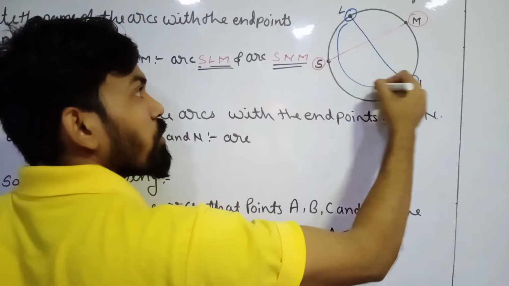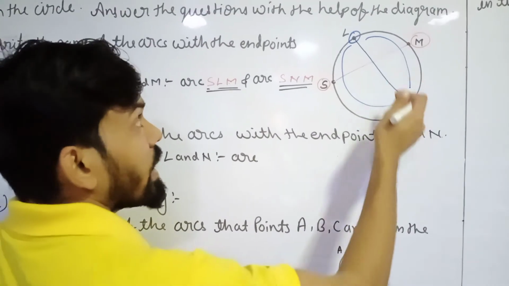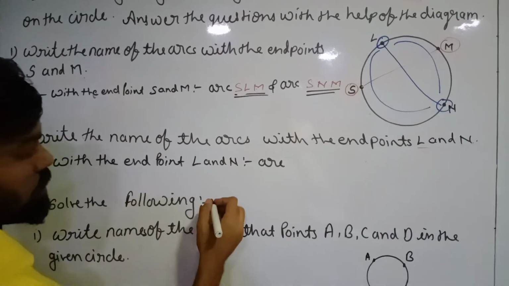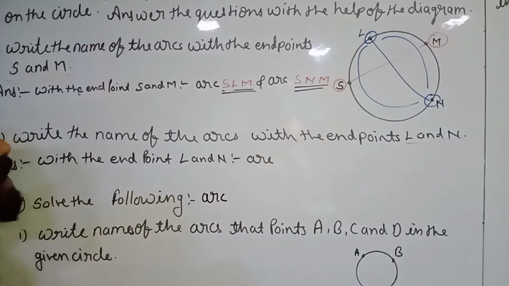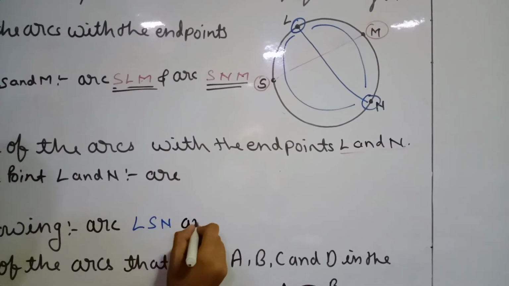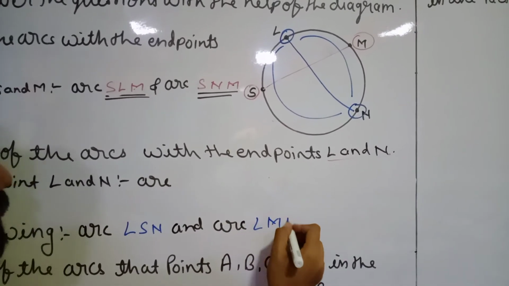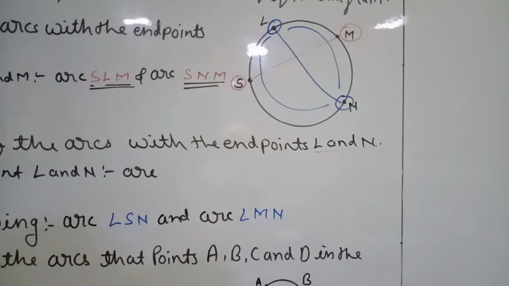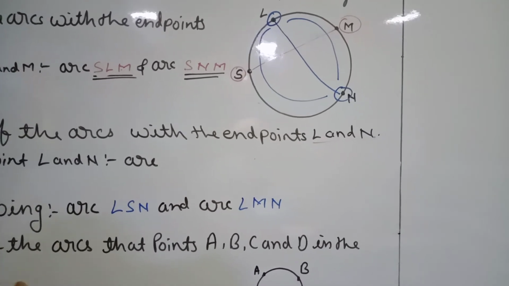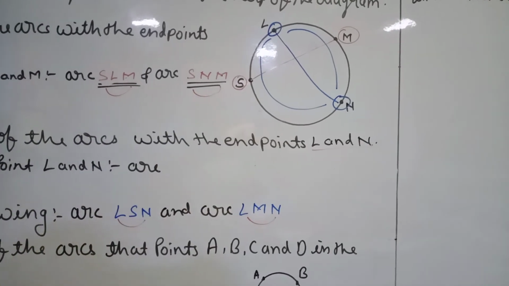So we are getting the first arc and second arc: L, S, N and L, M, N. So we are going to write the first one, arc L, S, N and arc L, M, N. So this way we can write these two names of the arc with the endpoints L and N. If you can see, the first and last letters in both are the same.